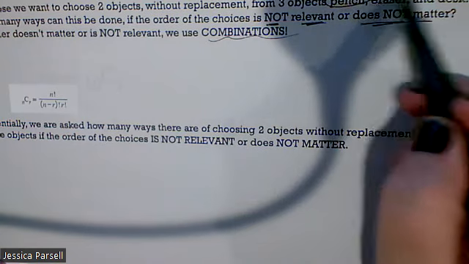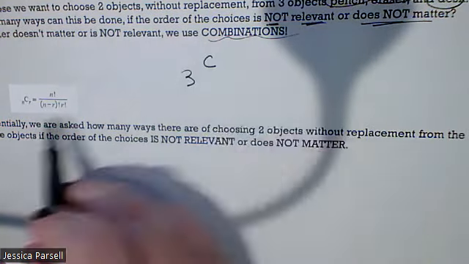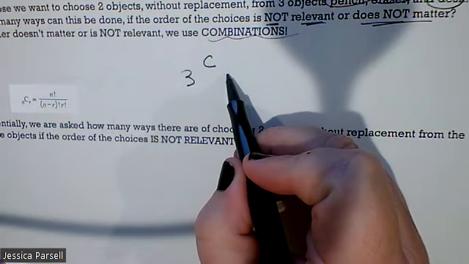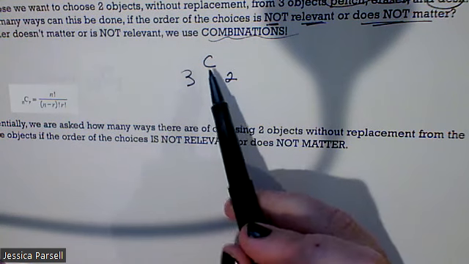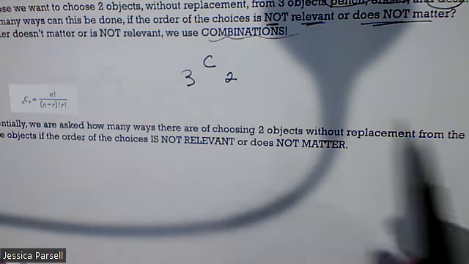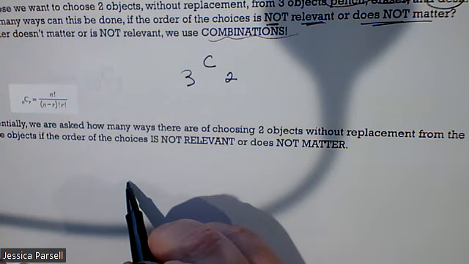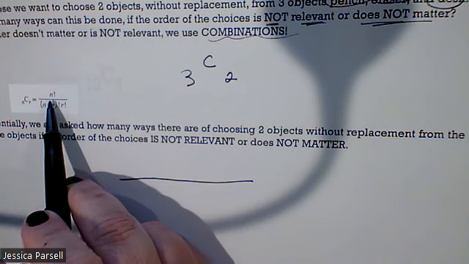So we have three objects, and we've been asked to choose two of the objects. So it's a three combination two. Okay, so we're going to use this formula. Let's go for it. So we've got our formula right here. I'm just going to draw a line here. So up top is n.